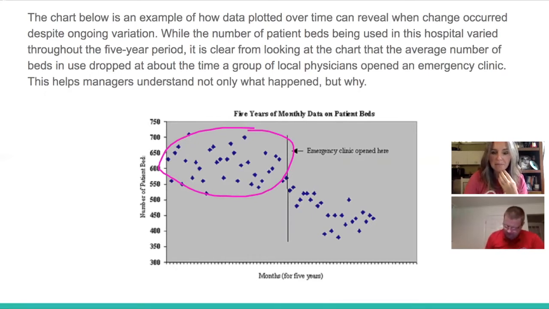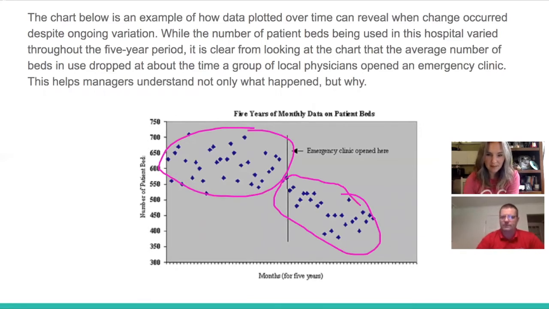But then if I circle those, there seems to be a downward trend at that point. So the causation piece is that the physicians opened up an emergency clinic and it opened up patient beds in the actual hospital. And so that's your causation piece.